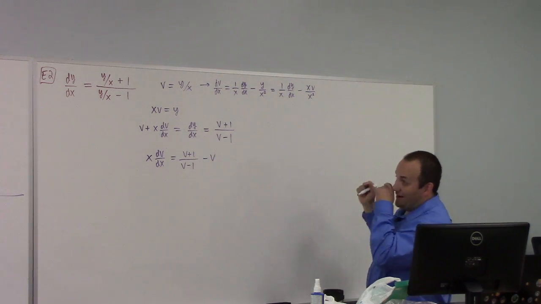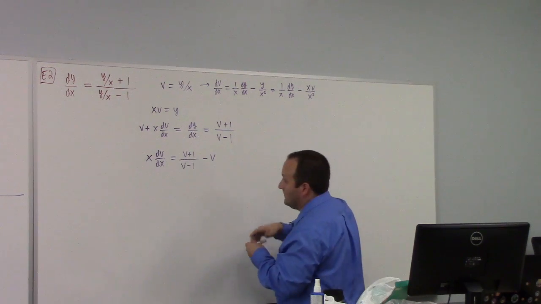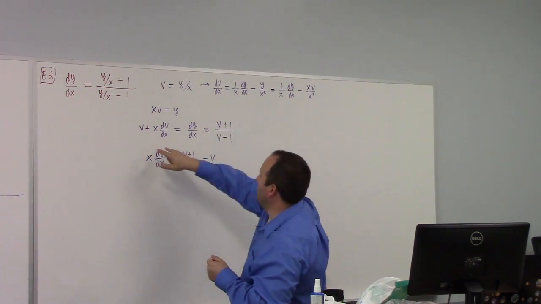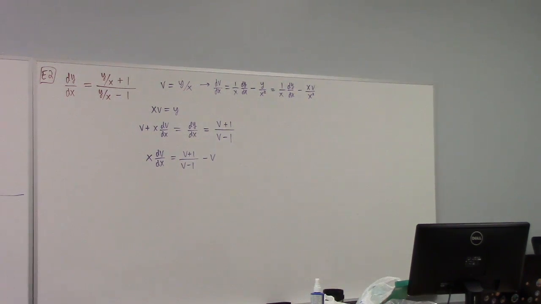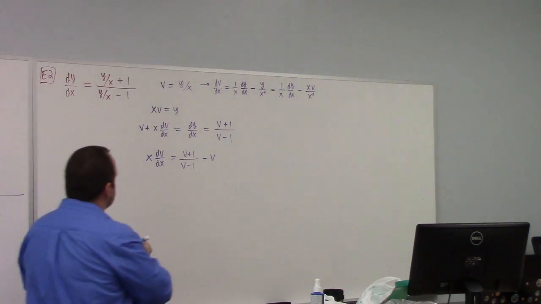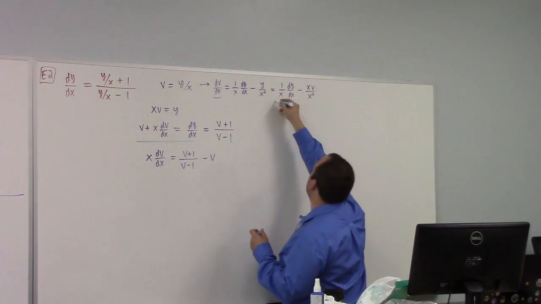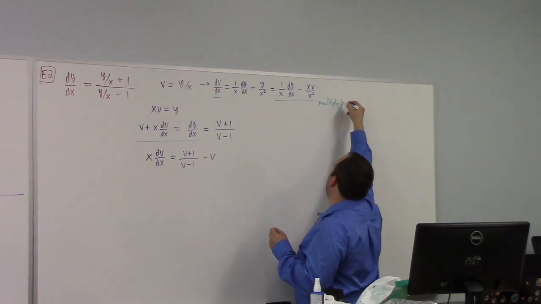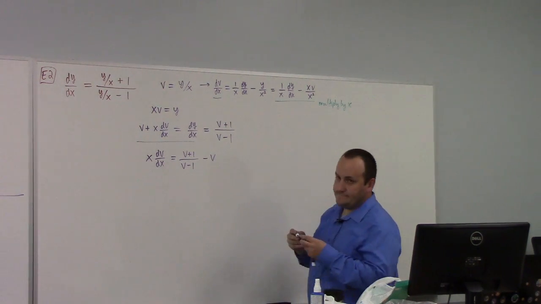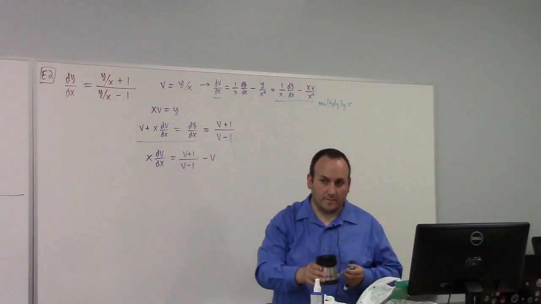If you multiply that by x, you get back to my identity that I have here. This is the same as this if you just multiply by x. The point is you got to do the product rule. If you don't do the product rule, you'll be wrong.